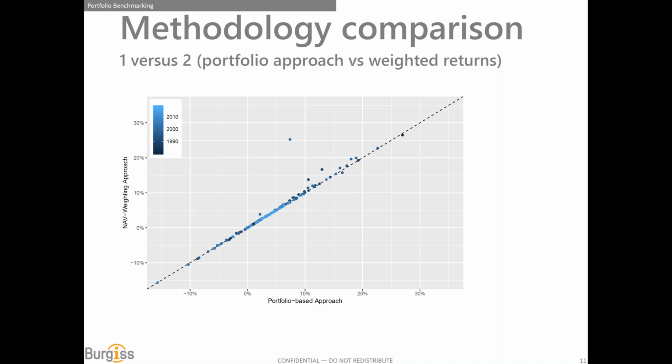It turns out that what tends to push the second approach, the return weighting approach, away from the correct approach is the presence of large cash flows. It's a little bit more complex than that, but loosely, when in a particular quarter the return is dominated by, for example, large distributions, then the second approach tends to deviate from the correct portfolio-based approach. So those three large outliers were simply quarters where there were very large outflows, most likely, in our universe.